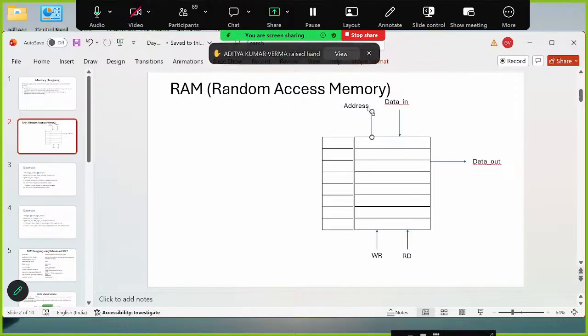What should be the width of address line and what should be the width of data line?